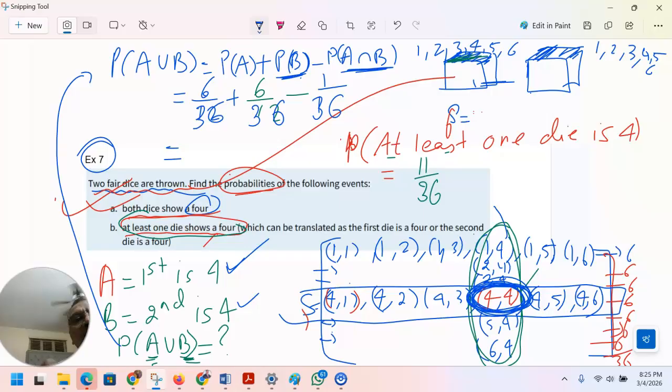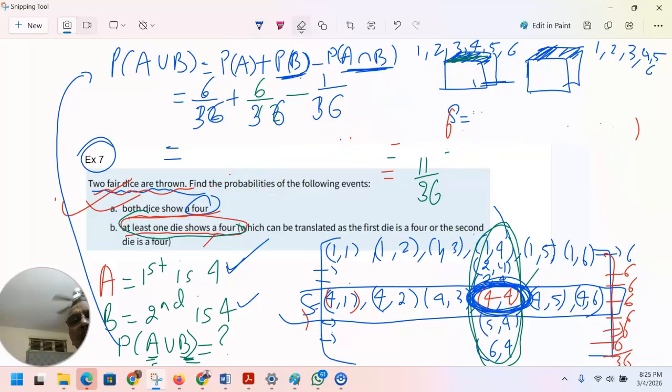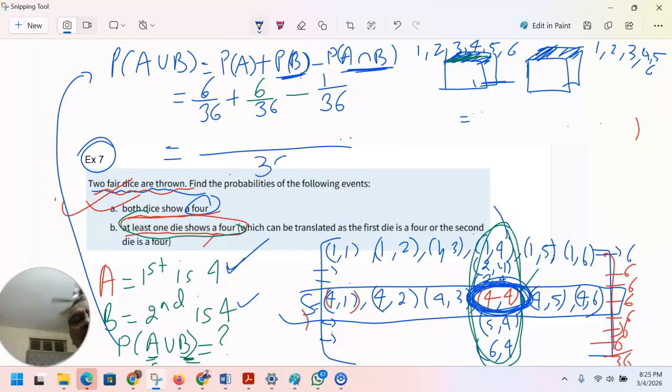So everything is out of 36. Let's write this back here. This is out of 36, this is out of 36, this also is out of 36. That means the common denominator is this. So it is 6 plus 6 minus 1, and you can see 12 minus 1.